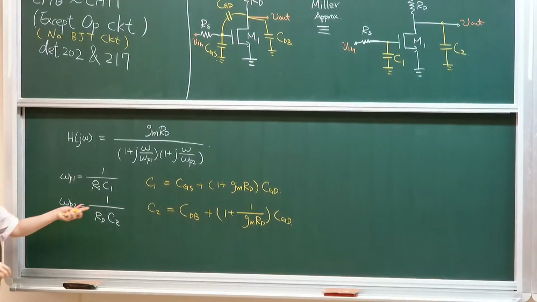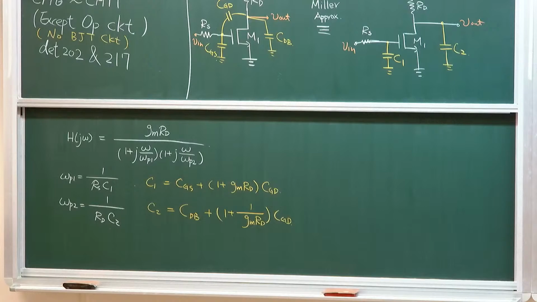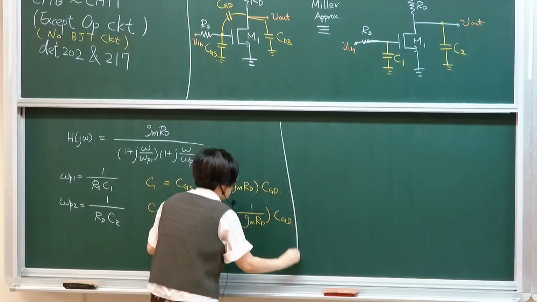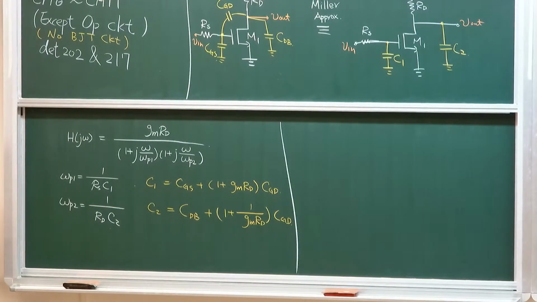So these are how you determine the input and output terminals and the effect of parasitic capacitance, and it'll lead to 2 poles in the system. So in terms of transfer function, if I give you this transfer function again, you should be able to construct the Bode plot of both the phase and gain.